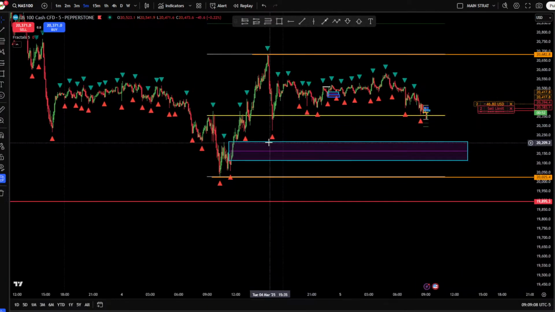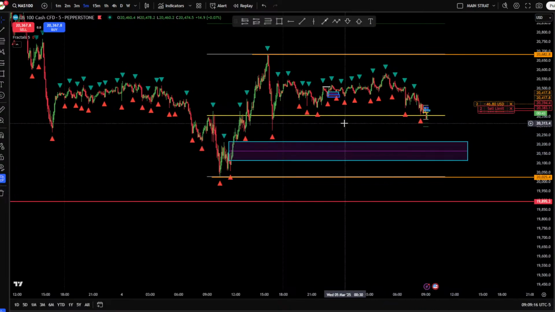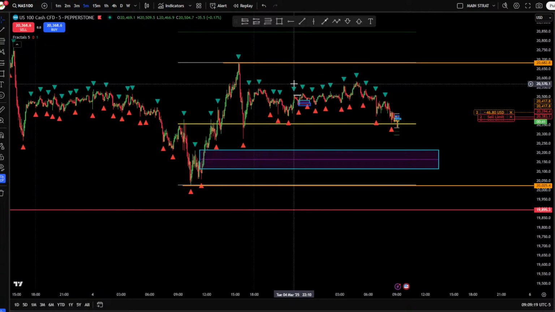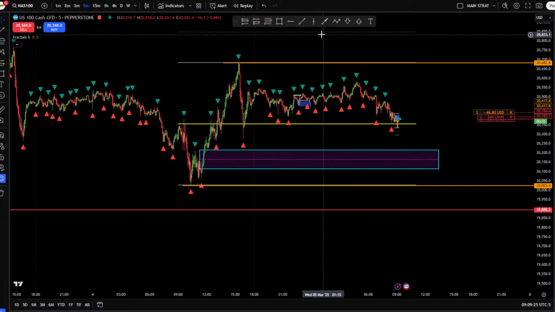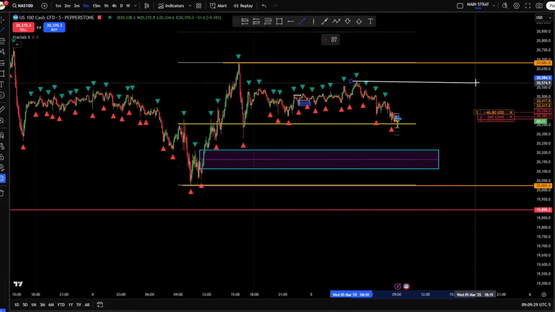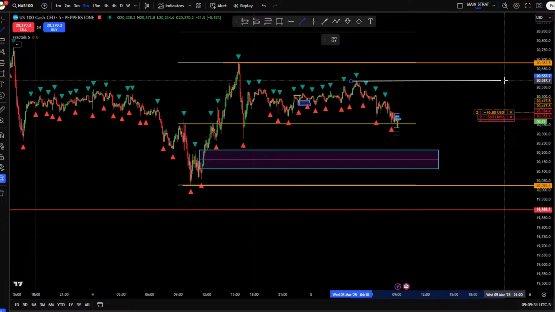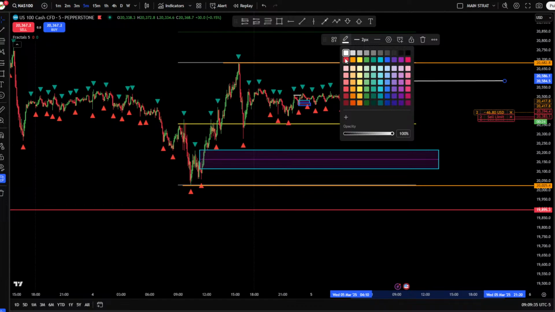Once it gets down to a premium area or a discount area, we could see a good price swing off that. We don't actually have a lot of equal highs here, but we do have our buy side. We'd be looking at this level here. That's our buy side.